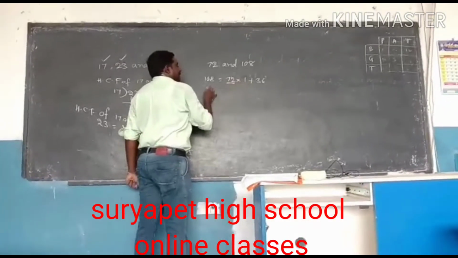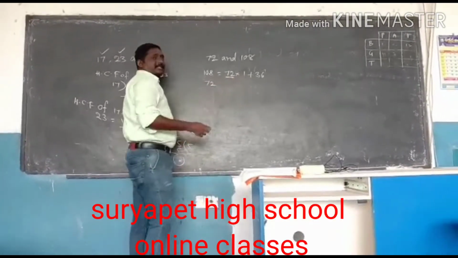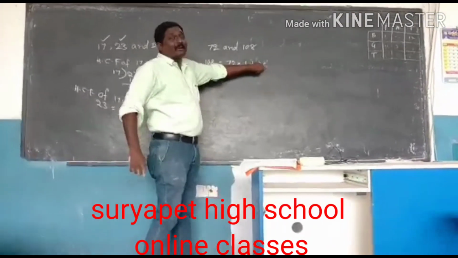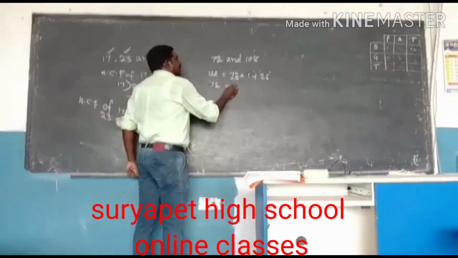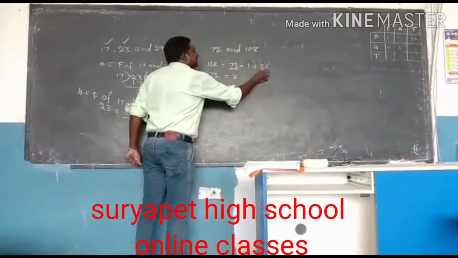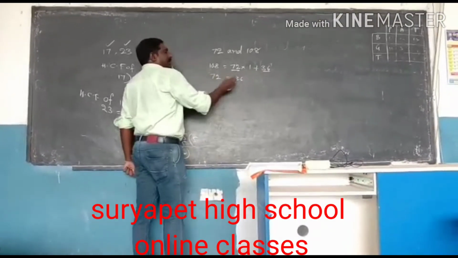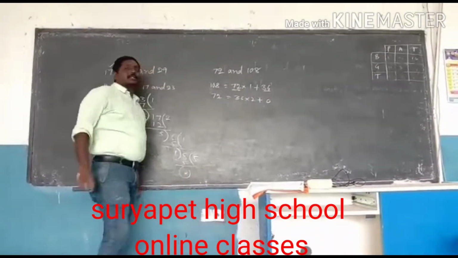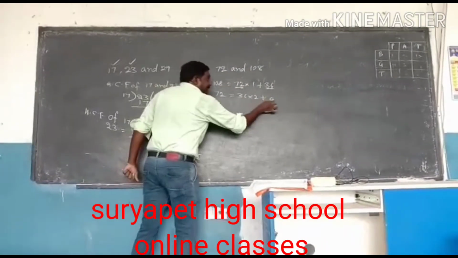Here, what is the divisor again? 72 is the divisor. 72 we have to take as dividend, because it is not exactly divided. So now by using this remainder we are going to do the division. 36 into 2. What is the remainder? 0. We get the remainder 0 here.